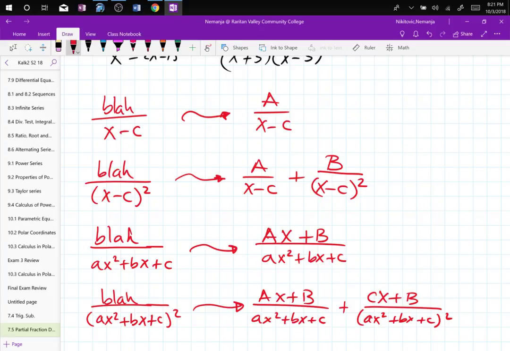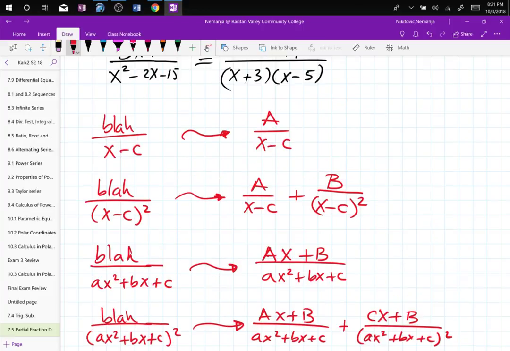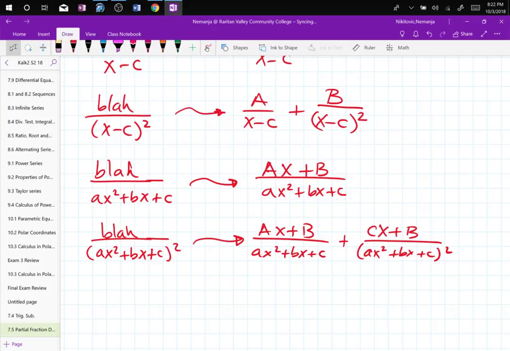When you have x squared, you have a linear Ax plus B. So it's always one power less in the numerator. Linear on the bottom will produce constants on top. Quadratic on the bottom will produce linears on top. Anytime you have a repeated factor, you have 2 of them. So it's very structured, right? It's very easy to memorize this. And you have to memorize it. Otherwise, you're just going to stare at the problem, because you won't be able to set it up. You must memorize this. So now, what do I have? I have 3x plus 1.